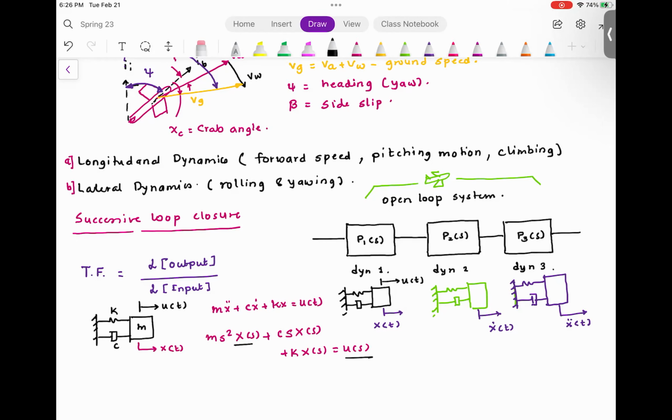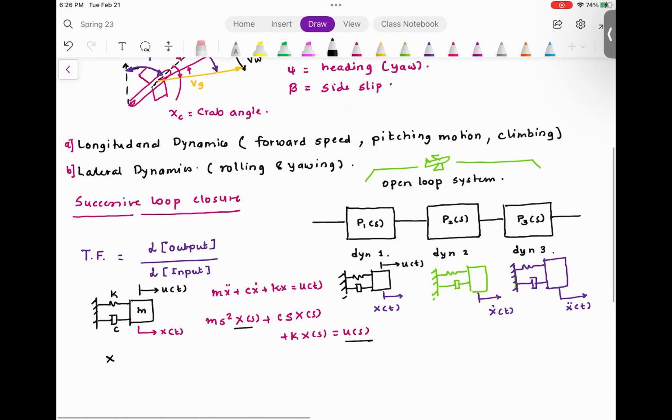So I can write down the equation something like this. X of s divided by U of s is equal to 1 divided by m s square plus c s plus k. Are you with me? Where m is a constant, c is a constant, k is a constant.